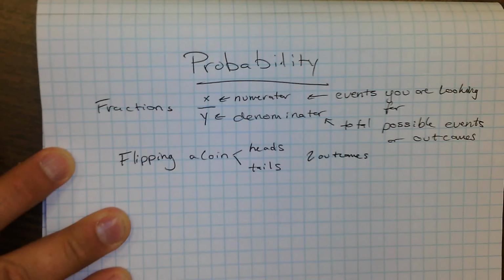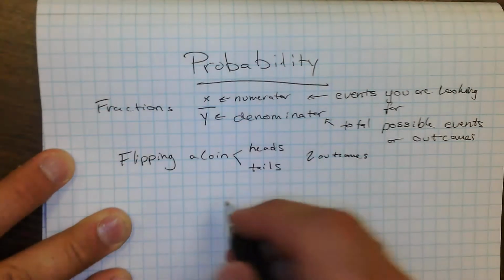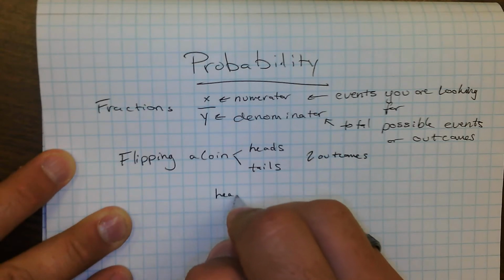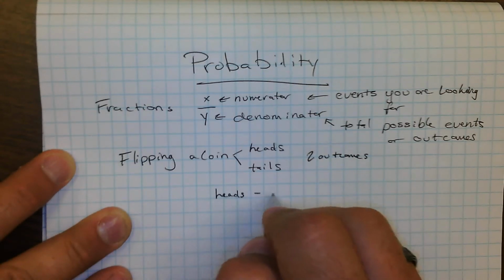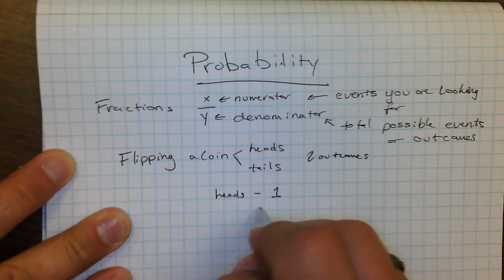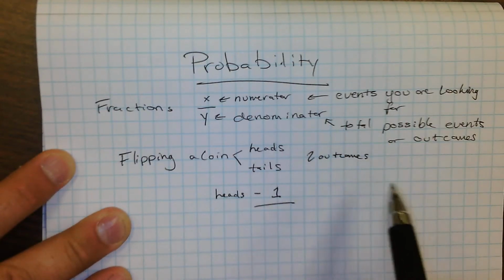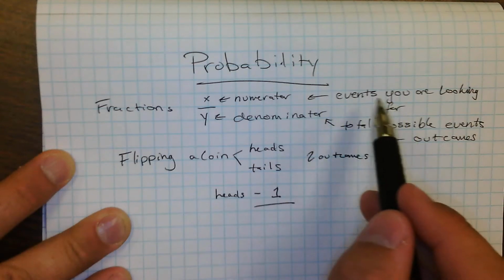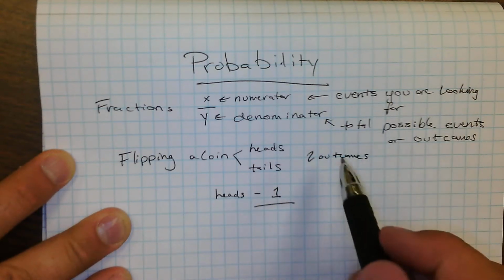Now, let's say we wanted to know the probability of flipping a coin and it landing on heads. Well, heads is one outcome. So for our fraction, we'd have 1 in the numerator, because that's the events we're looking for.